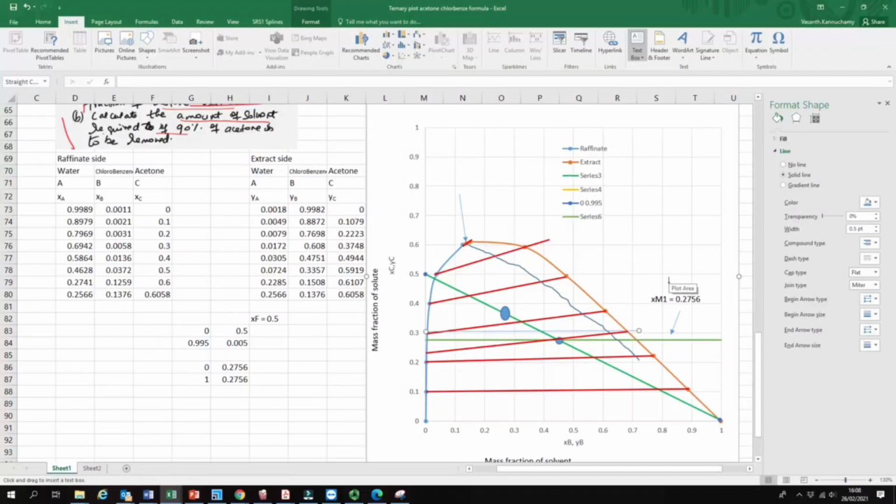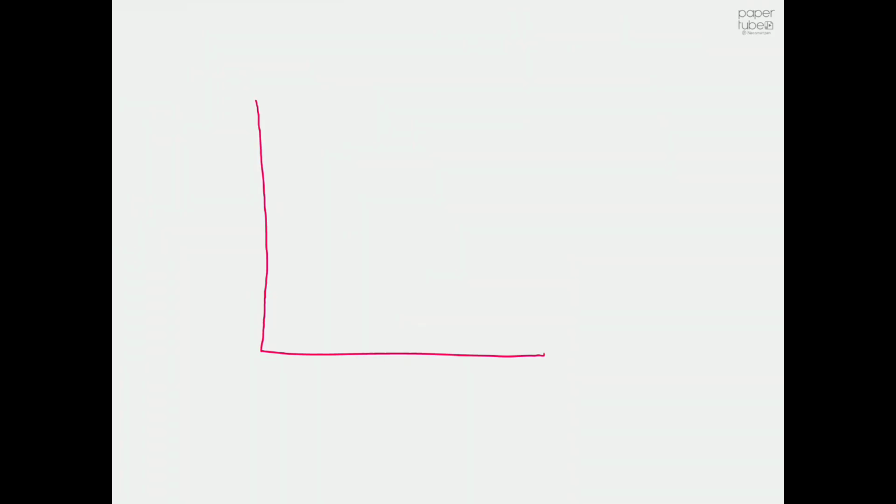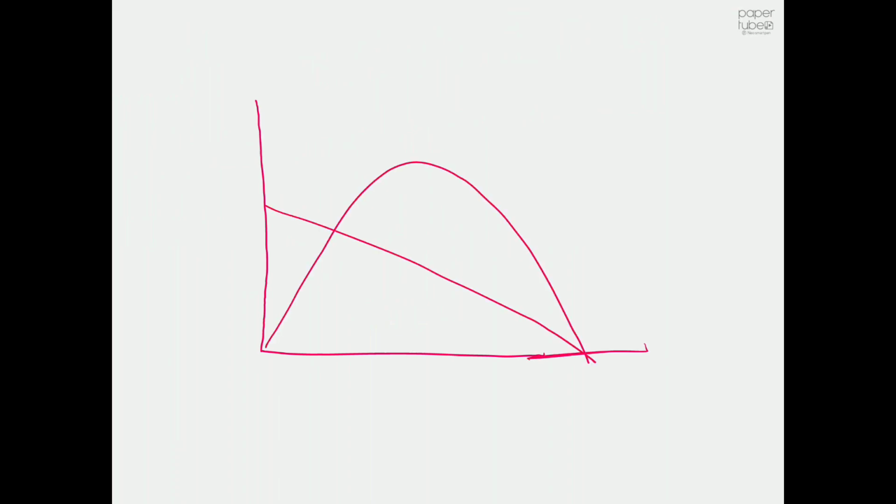So what we calculated from the Excel sheet is, we put our feed line, we drew our XM1 line, located our feed point, and then we generated a conjugate line.